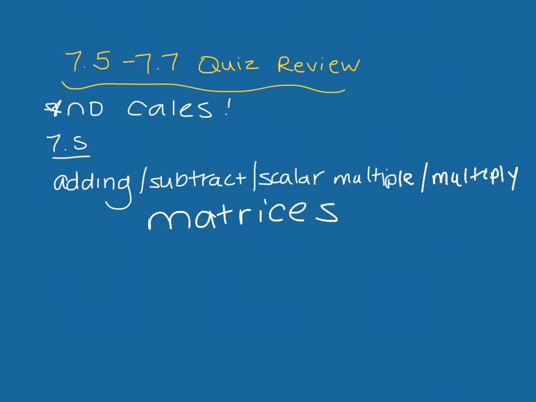So you could see something where you're just given the matrix and it asks you to multiply it by a scalar. You could see where you've got to add two together, subtract them, and multiply them. So remember, when you're adding and subtracting, they have to have the same dimensions.